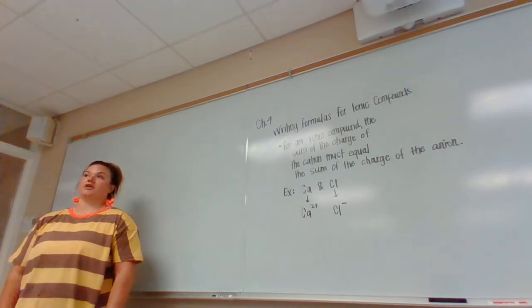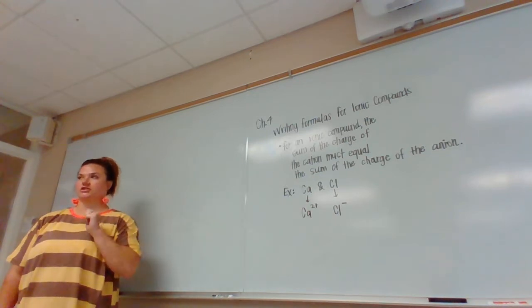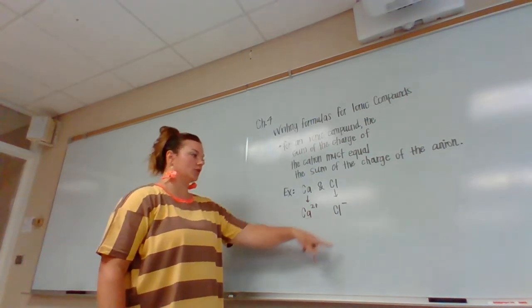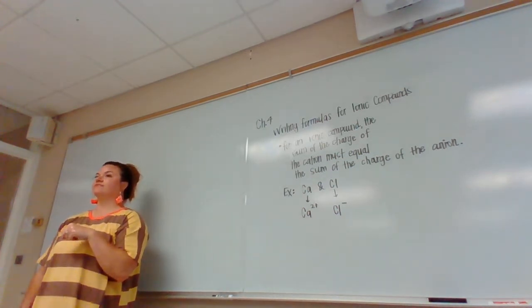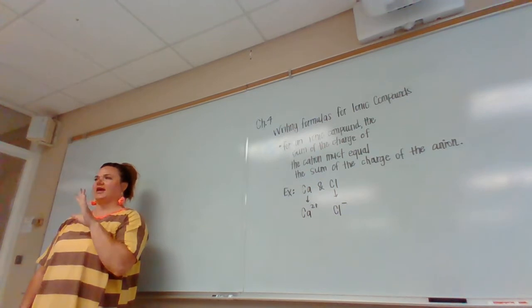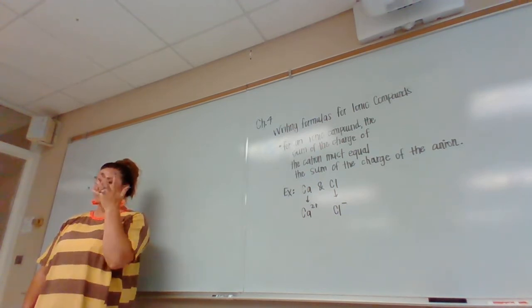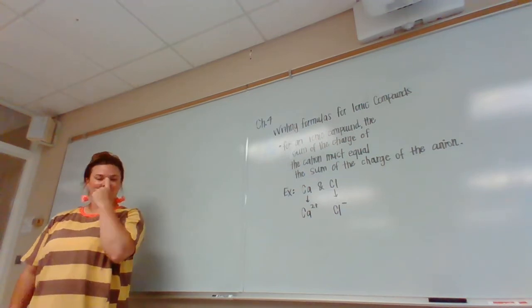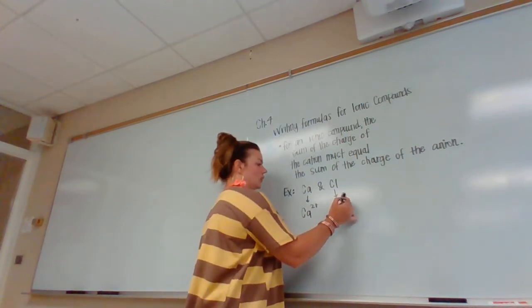So in other words, in order for the sum of their charges to equal, I've got to have 2 chlorines for every 1 calcium. But thinking like that is going to take too much time. So there's a better way. This is 1, understood to be a 1 here.